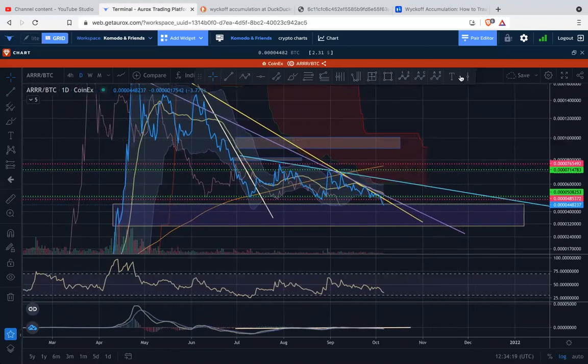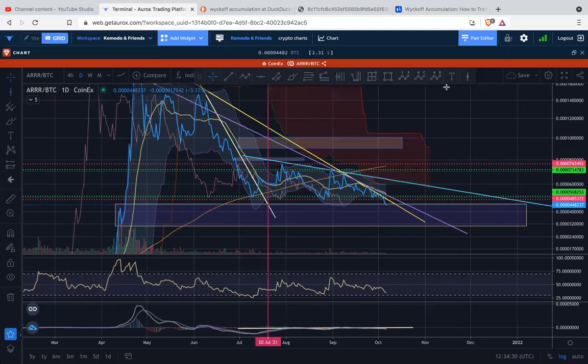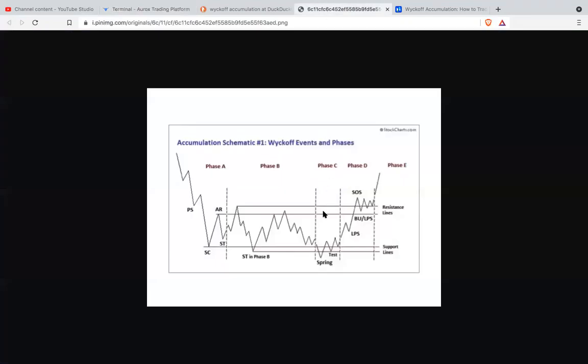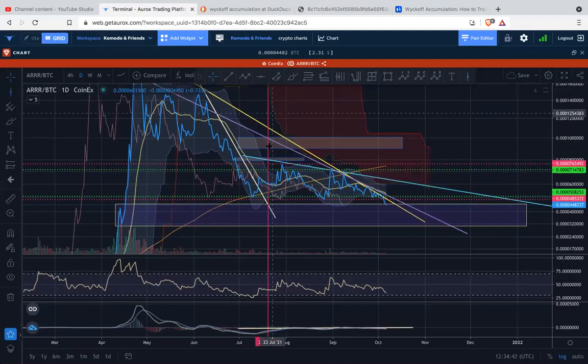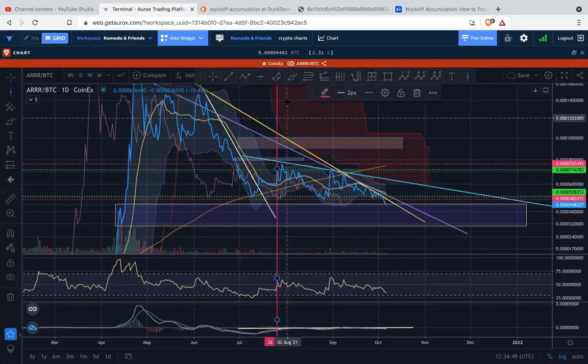Okay, in that sense, let's start getting out the marker. On the daily, something like this, and something like, where was it? It was before the spring and after the secondary test. So after the secondary test, we said it was about here, and then the spring is about here.